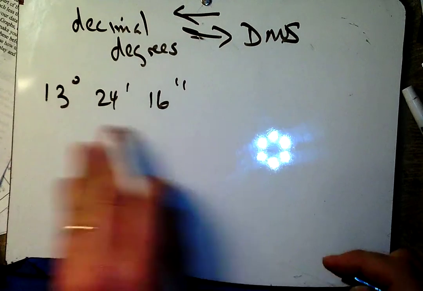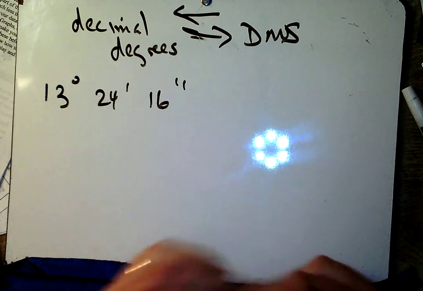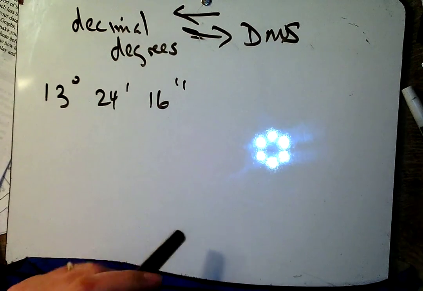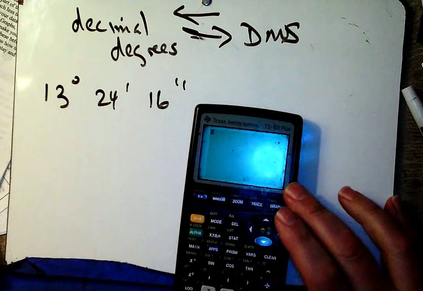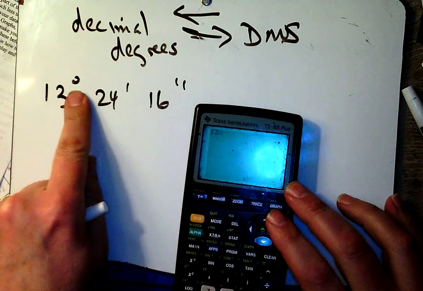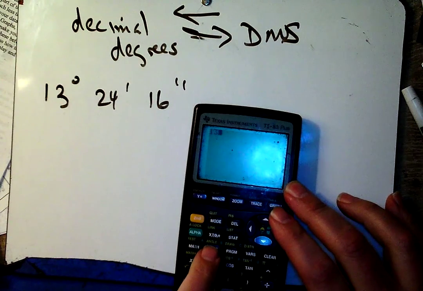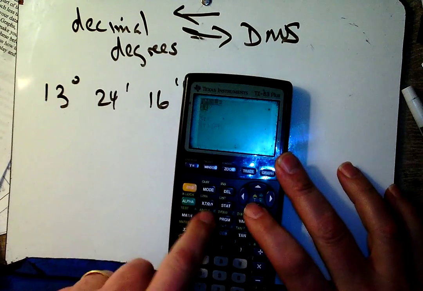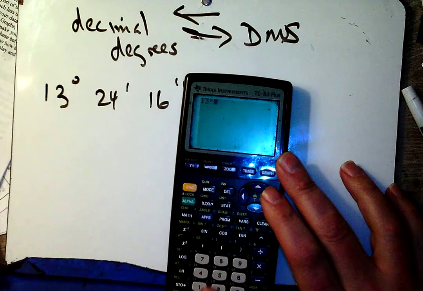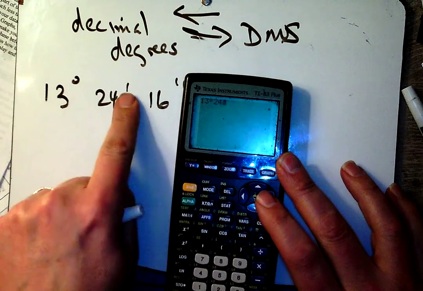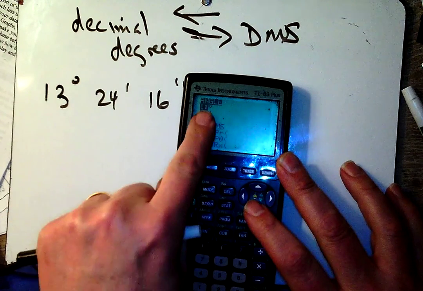When we have a problem given to us in DMS, degrees, minutes, and seconds, we said that we could take care of that on our calculator. So 13, where's the degree symbol? It's under angle. Second angle, there's the degree symbol. Now we want 24 minutes. That was in that same place.